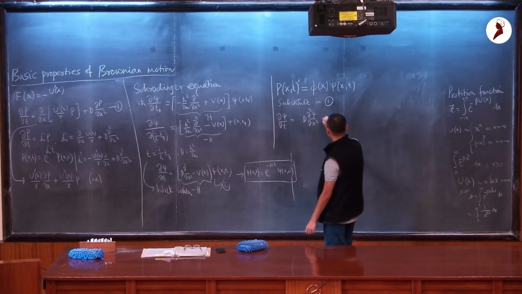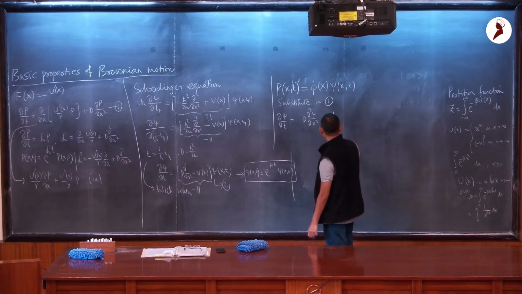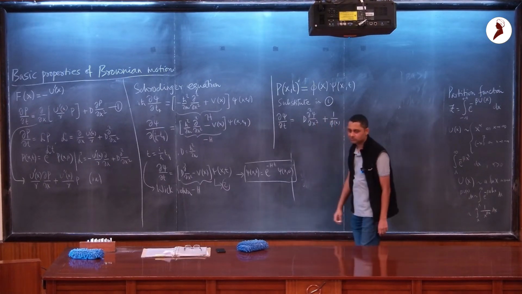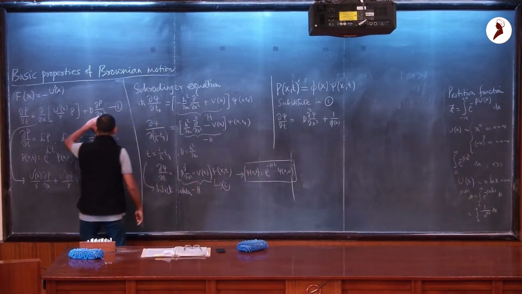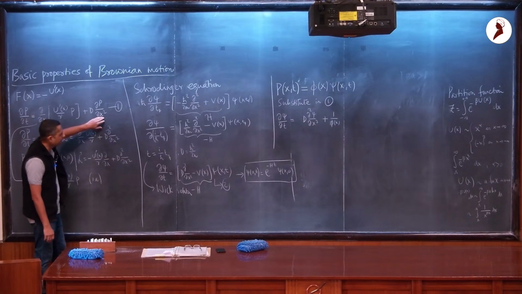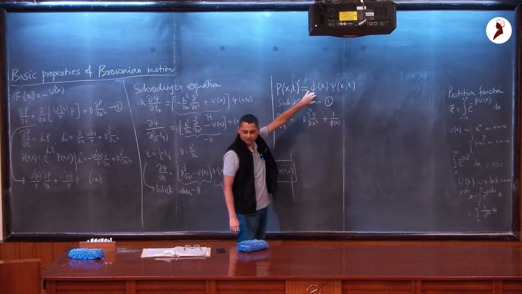So you are also going to get some term, 1 by phi of x, because you have divided by phi. When you do this derivative, because you have various derivatives, even there is a term coming from this guy that will generate a term which is a derivative in phi.